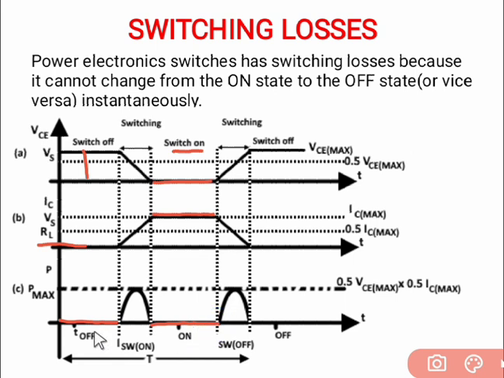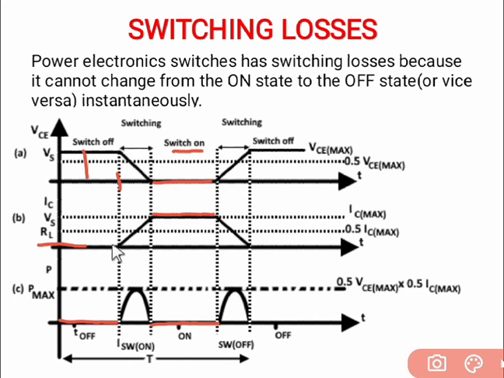So while the device is in the fully turn off condition, there is no switching loss. While the device is in the fully on condition, the voltage across the terminal becomes 0, so there is no power loss across the junctions. Now assume that at this point we apply the gate signal to the device to turn it on.